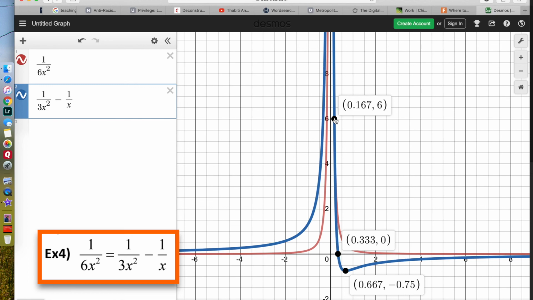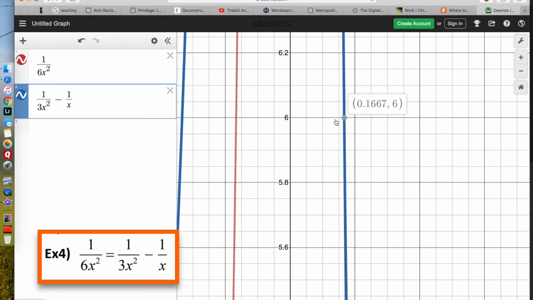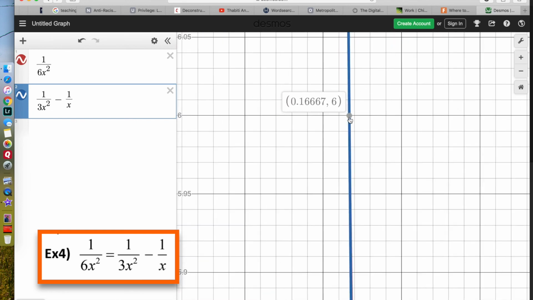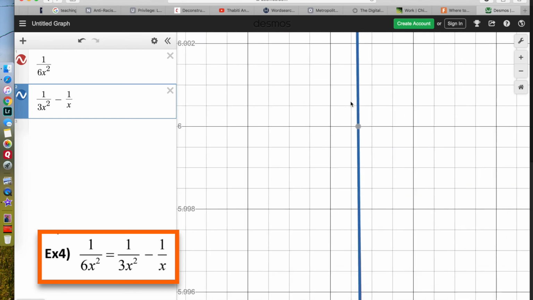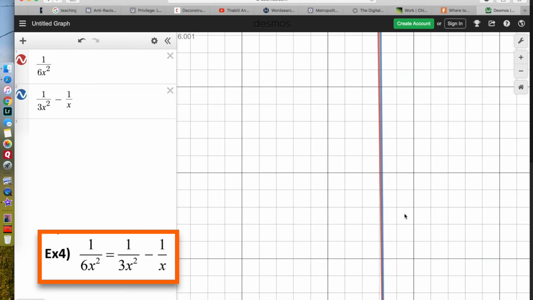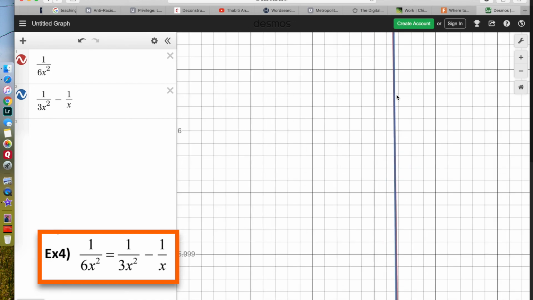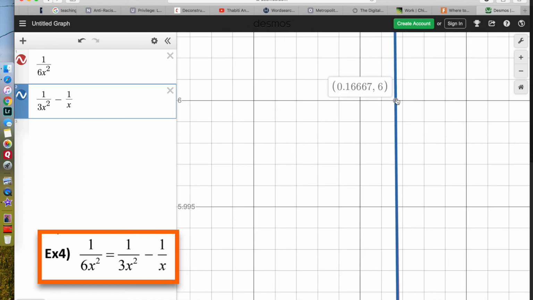And so what I want to do, because I think that this is 1/6, is just zoom in really, really close. Zoom in, zoom in, zoom in. Ooh, I lost the point. Where's the point? There it is.